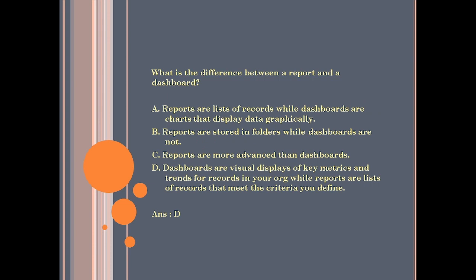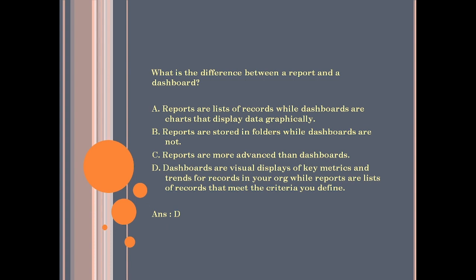The next one: what is the difference between a report and a dashboard? As we discussed in the previous two questions, as per the definitions of report and dashboard, let's follow the options one by one. Option A, reports are lists of records while dashboards are charts that display the data graphically. Option B, reports are stored in folders while dashboards are not. Option C, reports are more advanced than dashboards. Option D, dashboards are a visual display of key metrics and trends for records in your org, while reports are lists of records that meet the criteria you define.